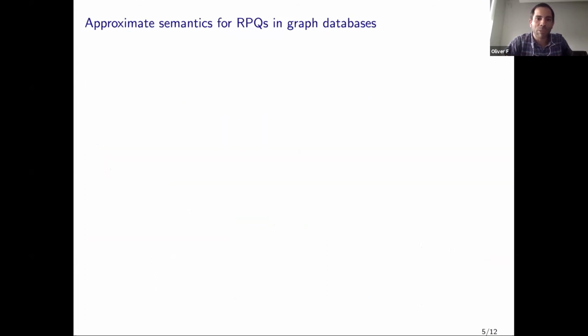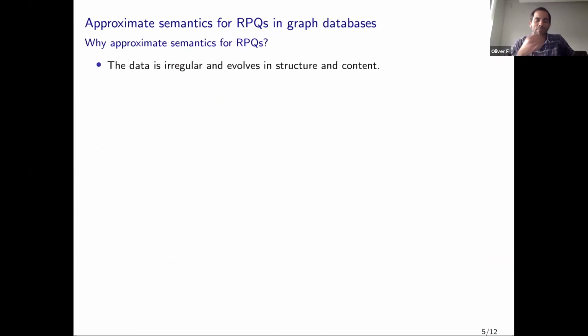Now let's move to the approximate setting, and I just want to briefly give an overview of why this has been studied and what is the state of the art, so to say. Regular path queries were introduced for graph databases and semi-structured data. One problem at that time is that the data is irregular and continuously evolving.